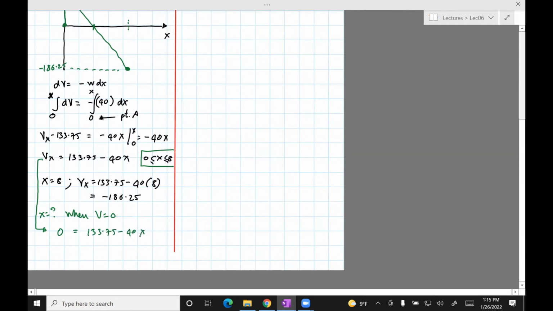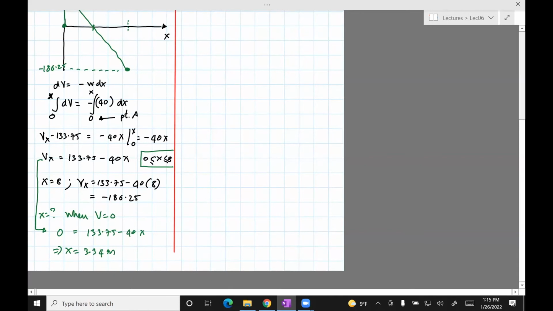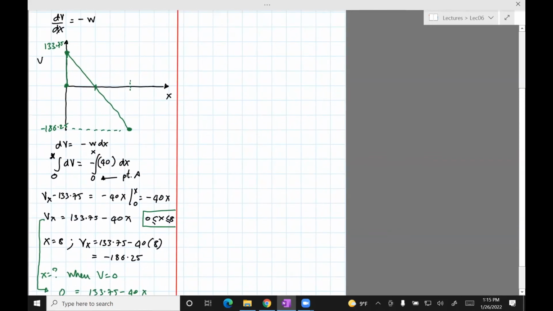We're solving for x now that we know that shear force is 0 at some point between A and B, and solve for x. So I get 3.34. Okay, so this is of some interest when you are talking about stresses and in the later part of the course. So I'll just show you how to do that just in case you need it later on.